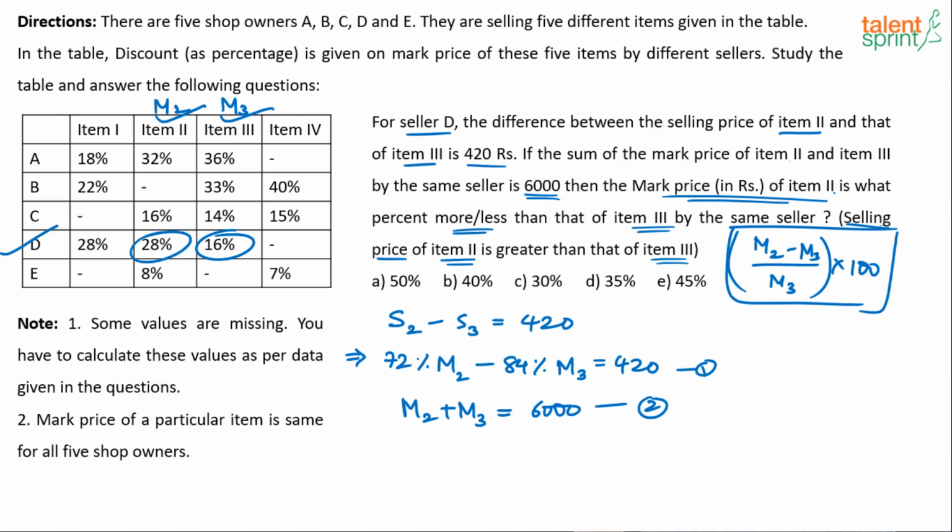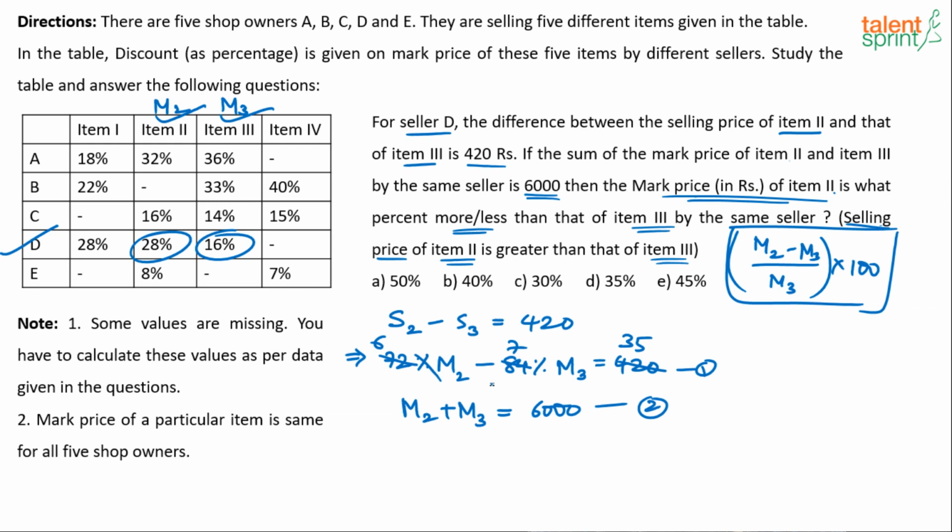Now solve the 2 equations. What do you want to do? I think all are multiples of 12. So let me just divide by 12 first of all. This is 12 into 6, 12 into 7, and this is 12 into 35, right? 12 into 30 is 360, 12 into 5 is 60, so 360 plus 60, 35.